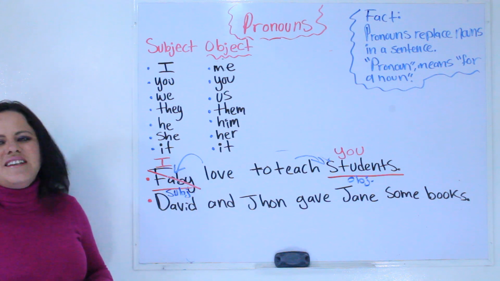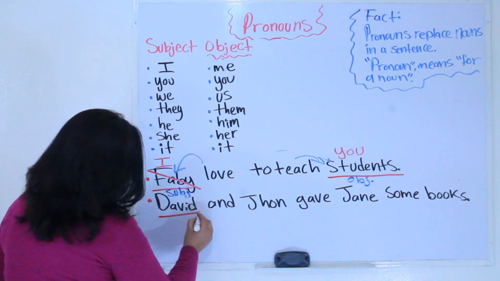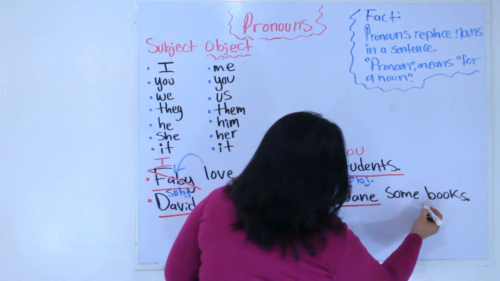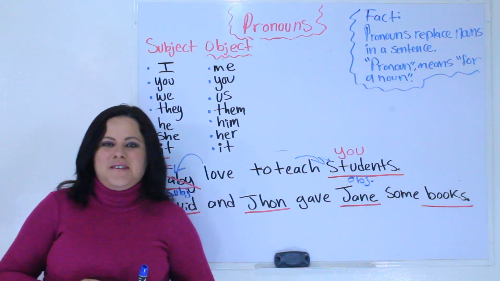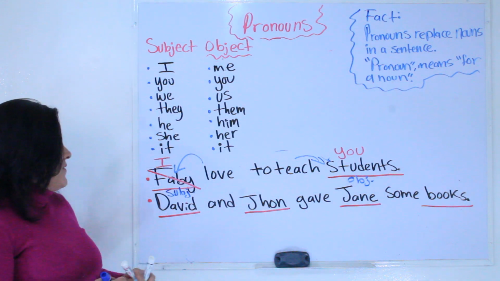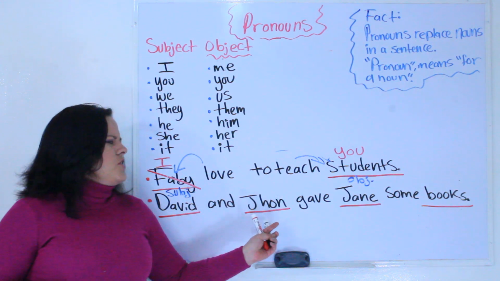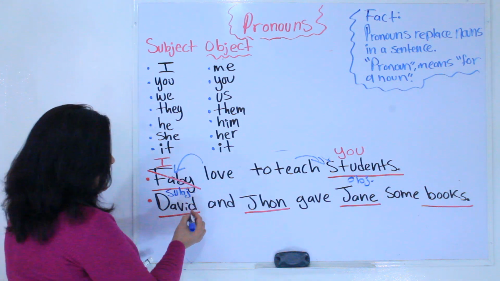Okay, the second one, let's look for the nouns. The first ones are David, John, Jane, books. We have all these nouns. So, which is the subject of the sentence? David or John? Both, David and John.